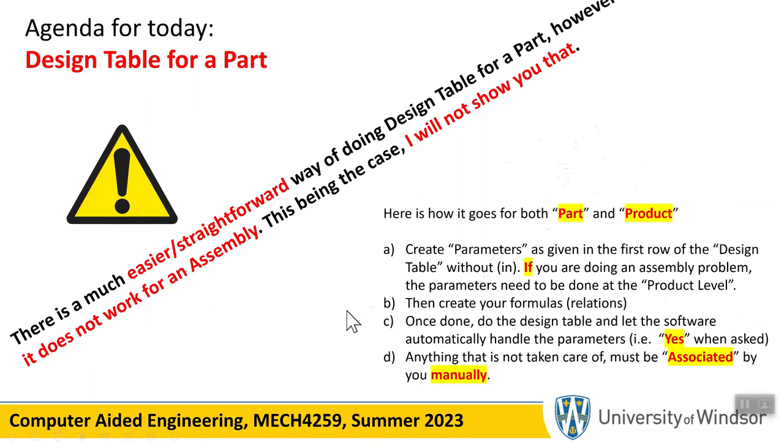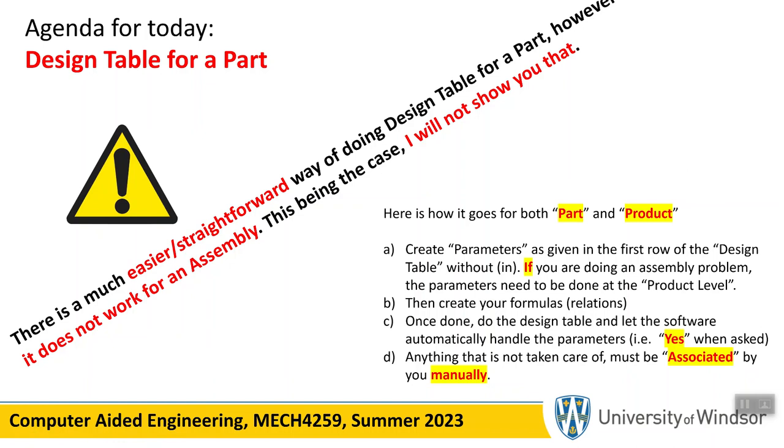And once you're done, you're going to ask for the design table. It's going to come back and say, all right, would you like the software to assign anything that is possible automatically? And choose yes, realizing that depending on what you have done, some of those may not go through, maybe misspelling or things like that.